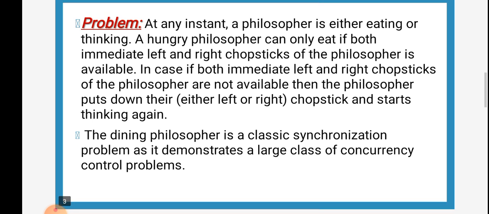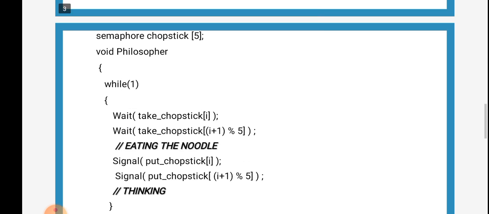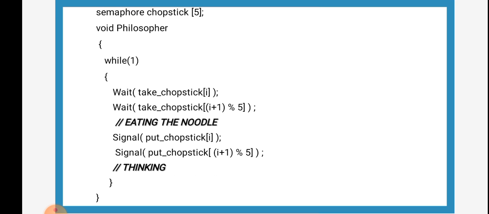So now we'll see the code for this. As you can see on the screen here, we have declared a chopstick array of semaphores. We have used a semaphore to represent a chopstick.